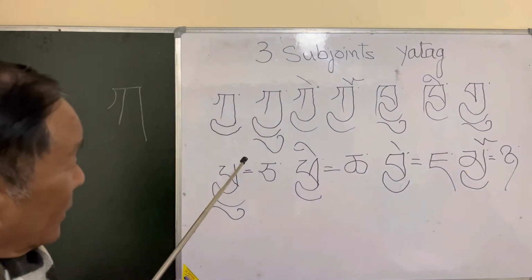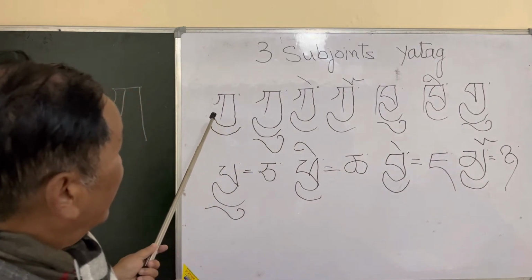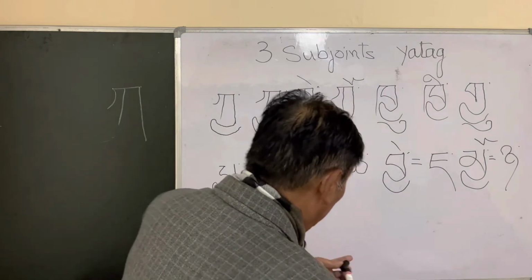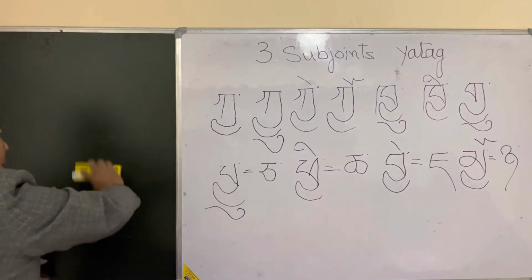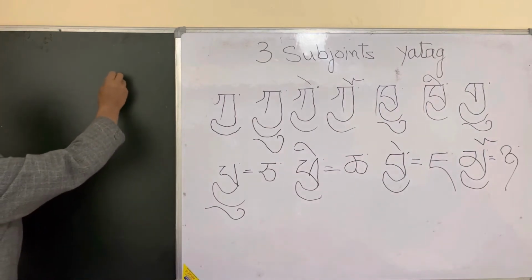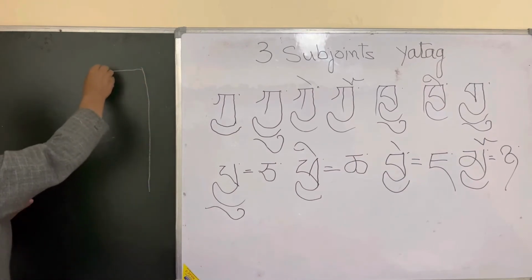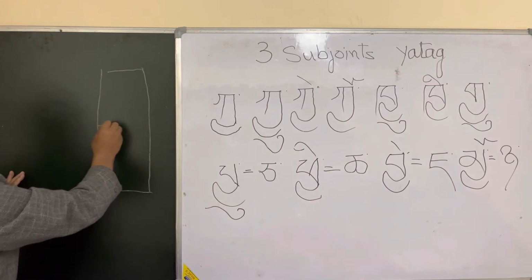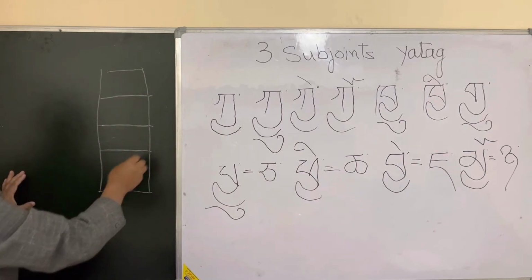So we are finished with the 30 consonants. We are also finished with the vowels. Now we are doing subjoints.